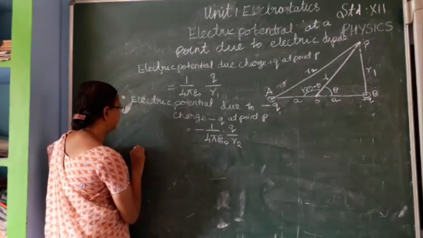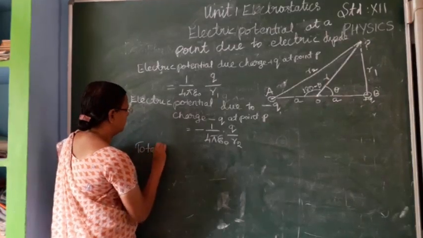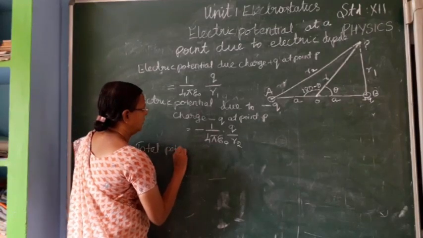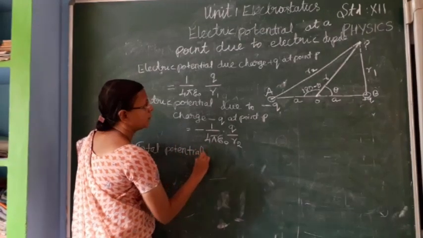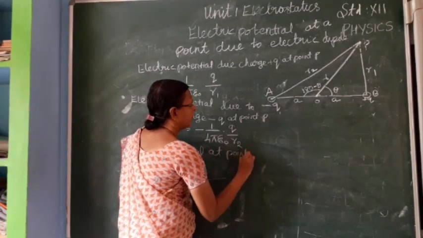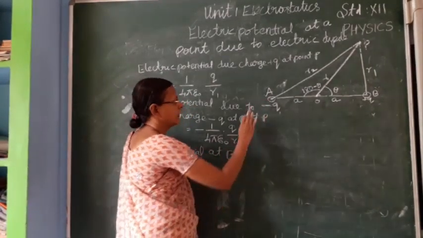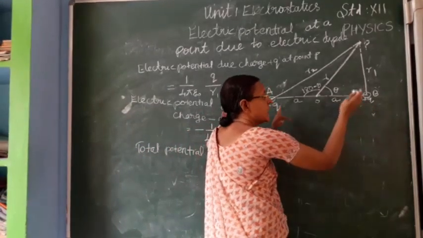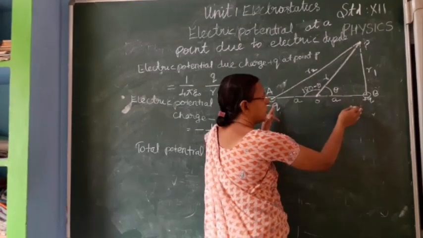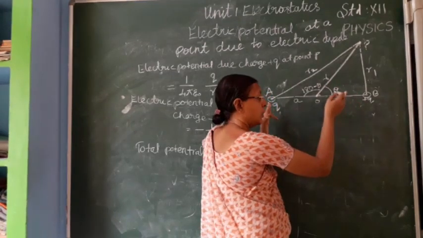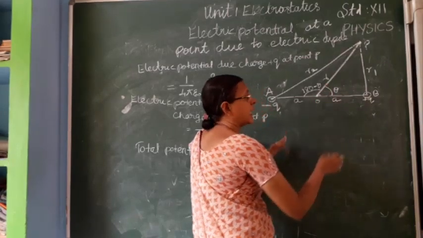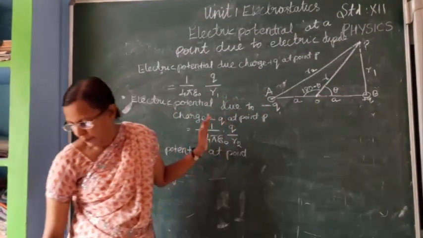Total potential at point P because of this electric dipole. Equal and opposite charges separated by a small distance constitute an electric dipole. So because of this electric dipole, what is the total potential?